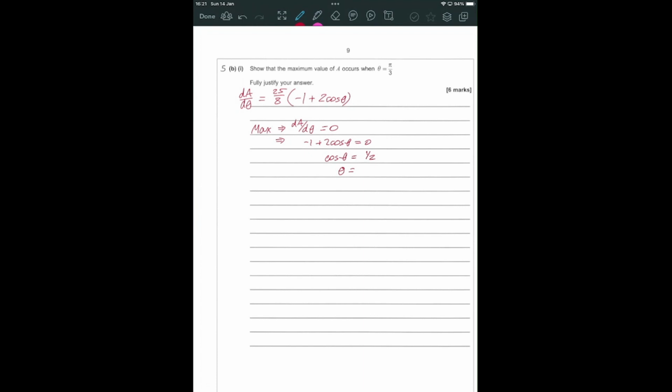Doing the inverse cos of a half, that is one of your exact angles. So you might be able to do this one in your head straight away. I'm always going to check on the calculator if I have the calculator available. It is pi by 3. I'm thinking about trig. Trig always says there's multiple solutions. So 0 to 2 pi, my second solution is 5 pi by 3.